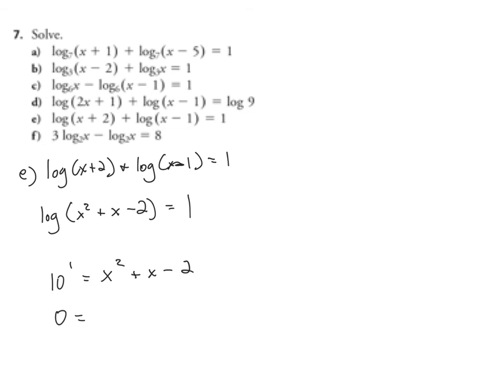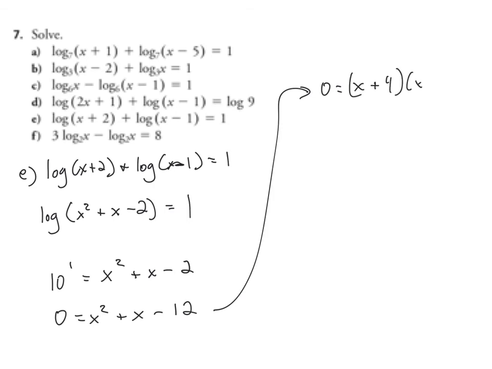So you got 0 equals x squared plus x minus 12. And that means that 0 equals x plus 4 and x minus 3. And so x equals negative 4 or positive 3.